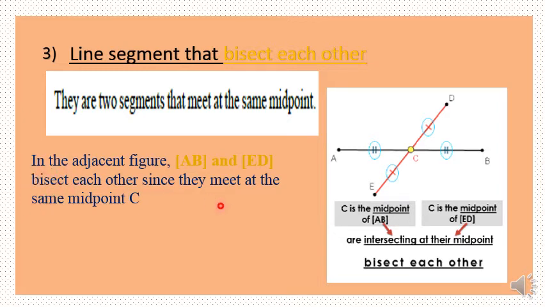Bisect means they intersect each other at the same midpoint. So when I have any two segments or diagonals which are intersecting at the same midpoint, I say they bisect each other.